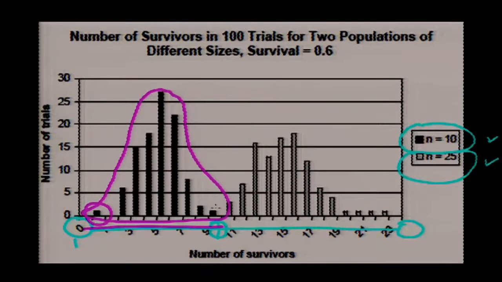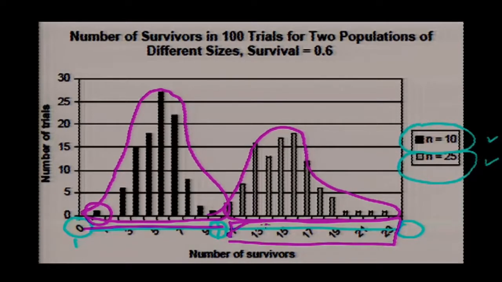Let's compare that now to the spread of data of our larger population. So the spread of data here actually covers only about half or so of the possible outcomes that we could have obtained. So in other words, there is really less dispersion of data across possible outcomes than the smaller population.